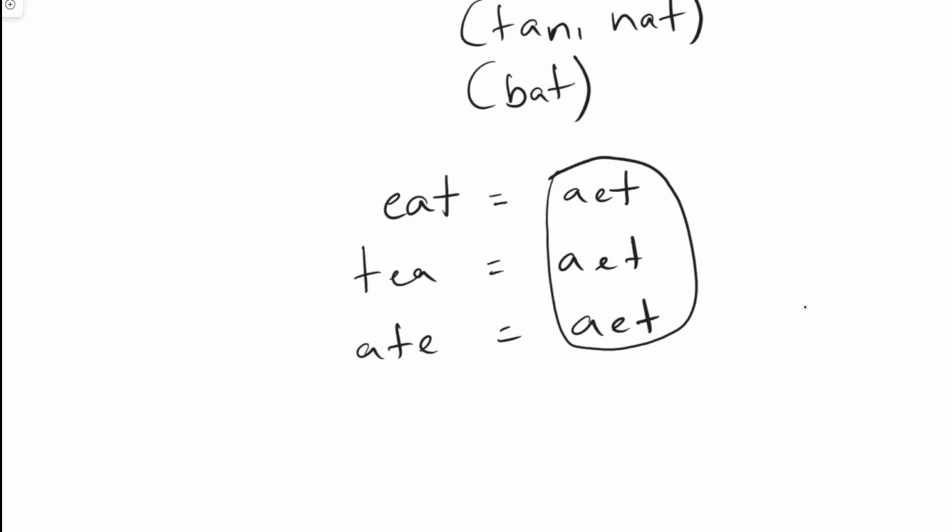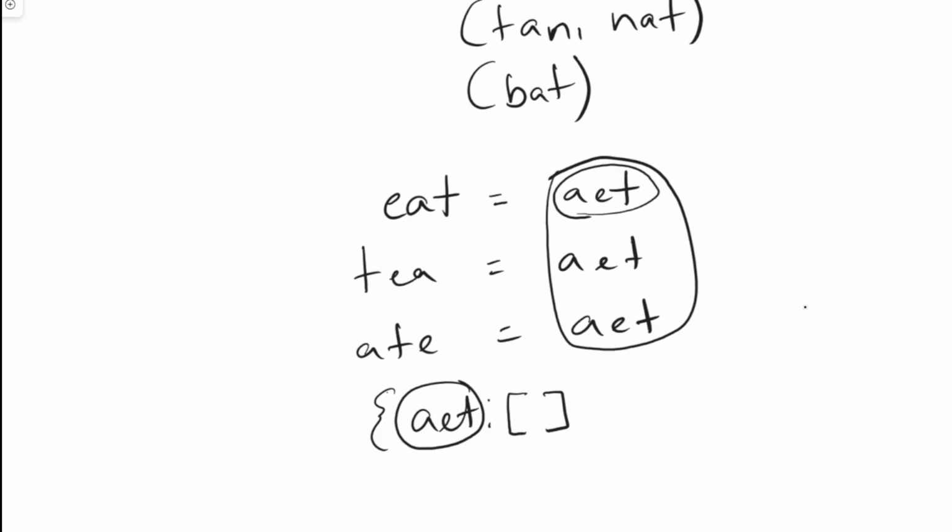And how can we use that to our advantage? Once we have sorted all the letters into alphabetical order, we can store this as a key in a hash map, and then we'll have the value being a list, and the list will contain any word that, when sorted in alphabetical order, will give us AET.